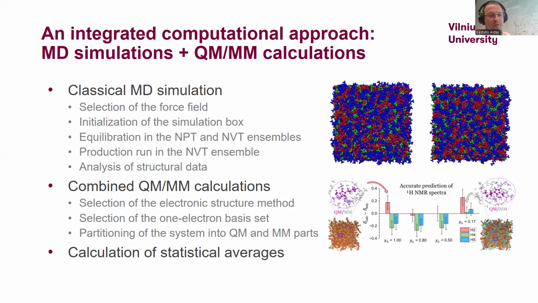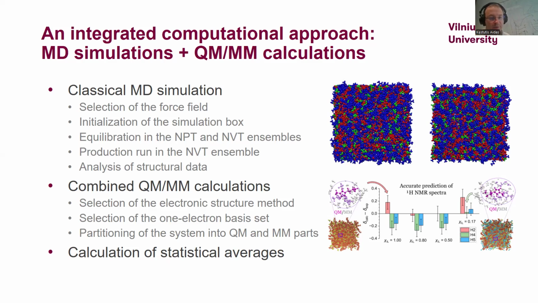And what we have seen is that it is in fact needed to expand the quantum mechanical region to include the entire first solvation shell of the central molecule in order to arrive at reliable results for the NMR chemical shifts.